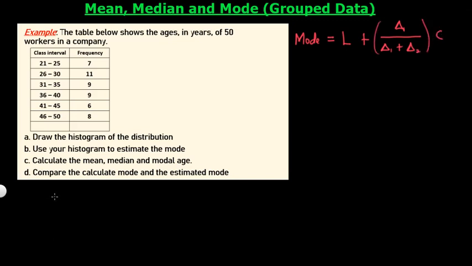So to make it easy, let's first say delta 1 is you subtract the frequency before from the frequency after. We must learn to do that.